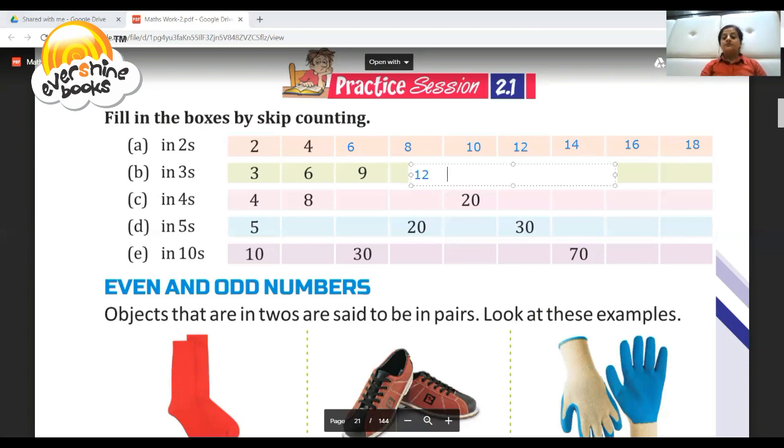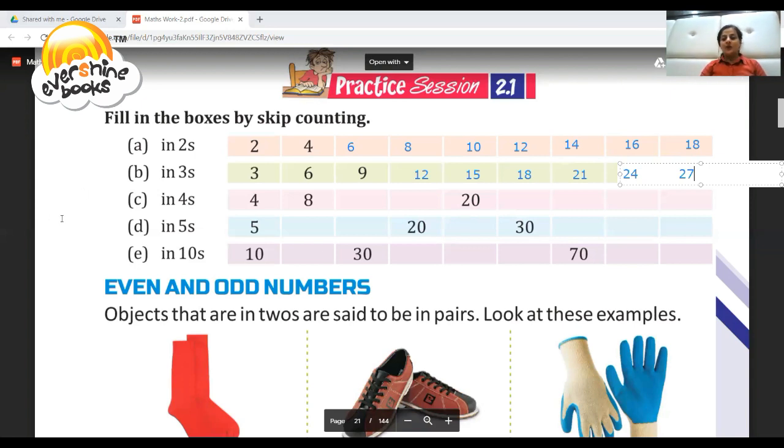Yes. 13, 14 left out. 15 is written. 16, 17 left out. 18 is written. 19, 20 left out. 21 is written. 22 and 23 are left out and 24 is written. 25 and 26 left out. 27 is written. Now we have come to know about the skip counting of twos and threes both.